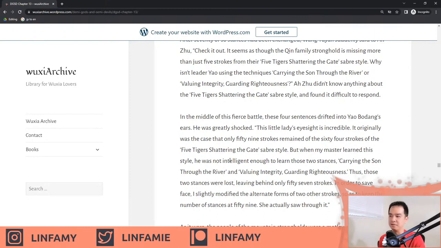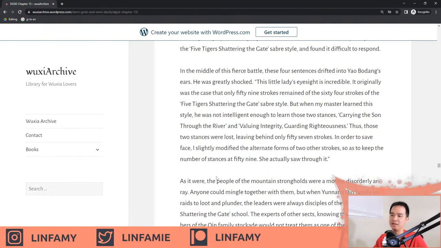But when my master learned this style, he was not intelligent enough to learn those 2 stances, carrying the sun through the river and valuing integrity, guarding righteousness. Thus, those 2 stances were lost, leaving behind only 57 strokes. In order to save face, I slightly modified the alternate forms of 2 other strokes, so as to keep the number of stances at 59. She actually saw through it.